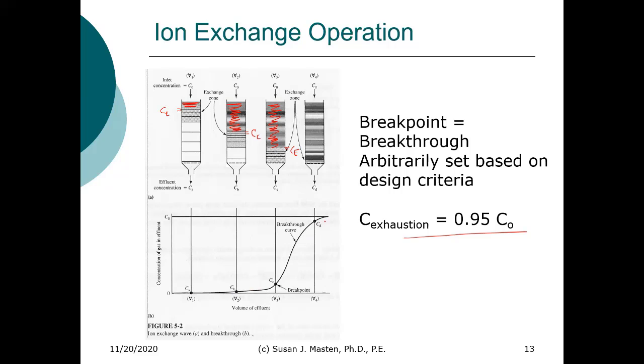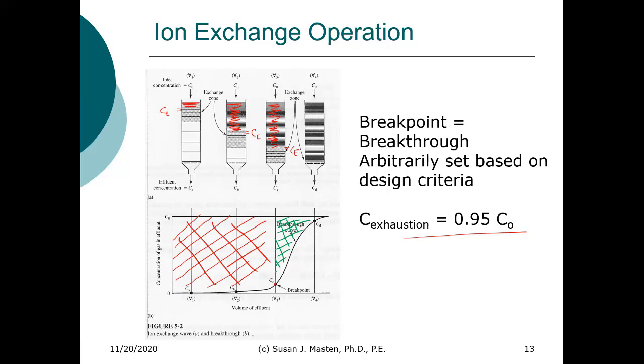And you can see the same thing here. So we have a breakthrough curve. Now, here, this is our breakthrough. This is the portion of the capacity that we're actually using. This portion here is what we can't use.